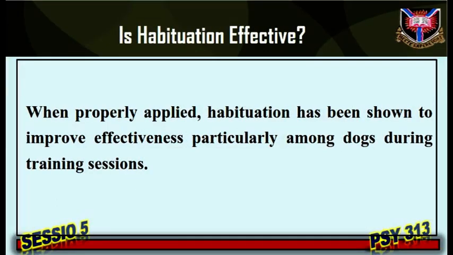Is habituation effective? People keep wondering whether habituation as a form of learning is actually effective. But when properly applied, habituation has been shown to improve effectiveness, particularly among dogs during training sessions. Dogs, like other animals, are normally frightened of or interested in things that are new to them.